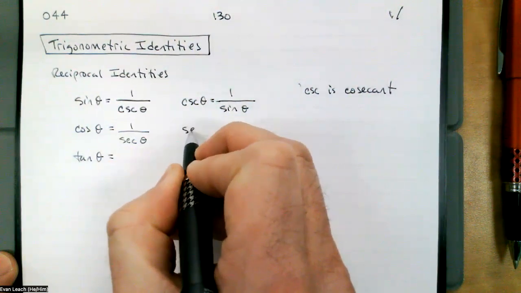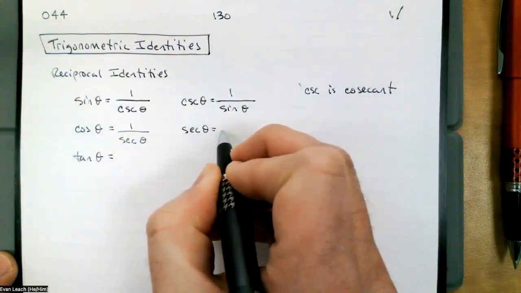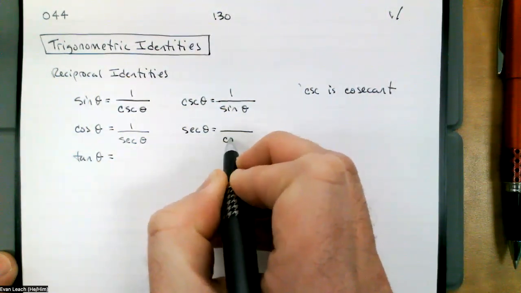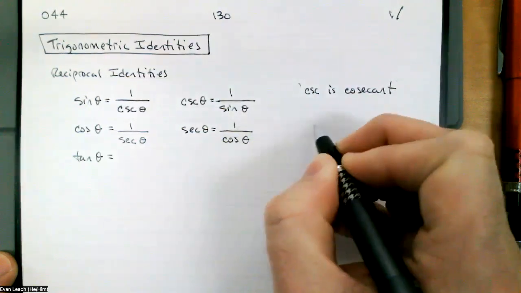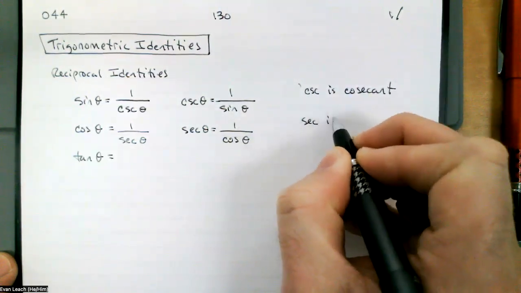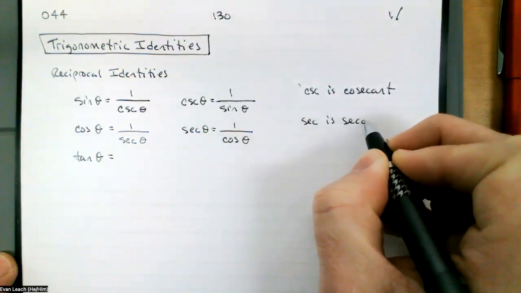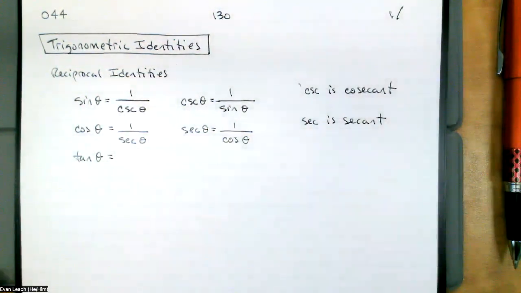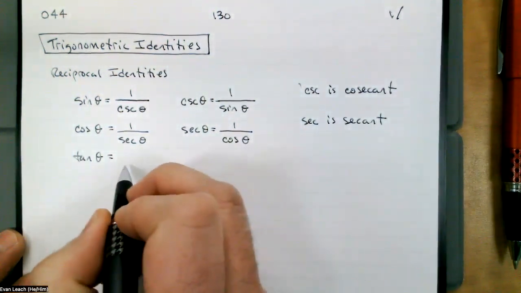And so secant is 1 over cosine. Tangent is 1 over cotangent. Tangent and cotangent are reciprocals.